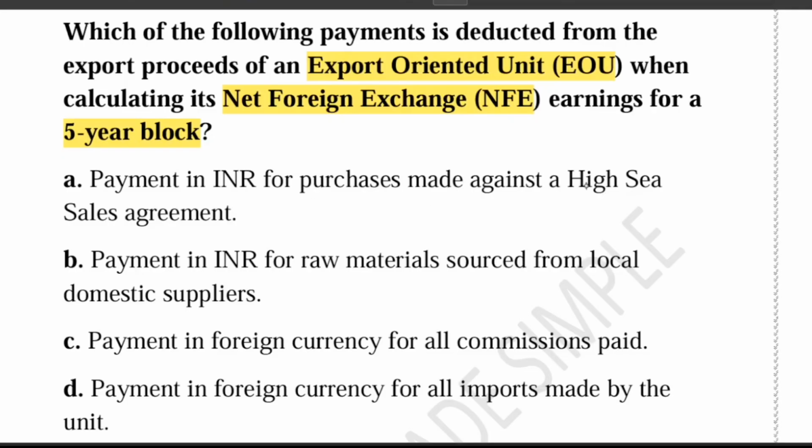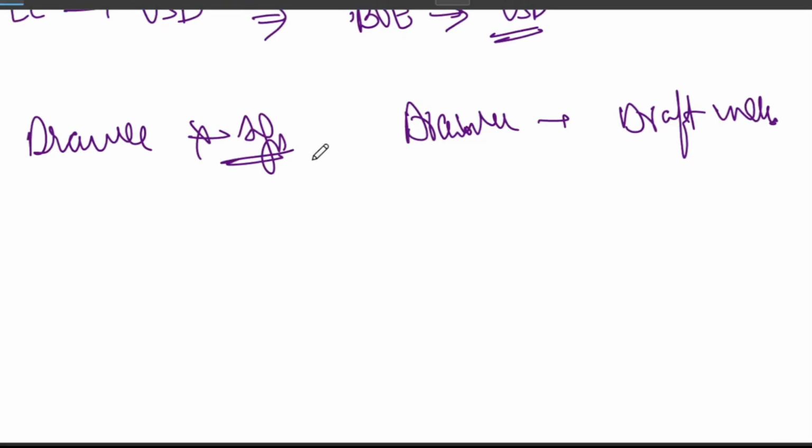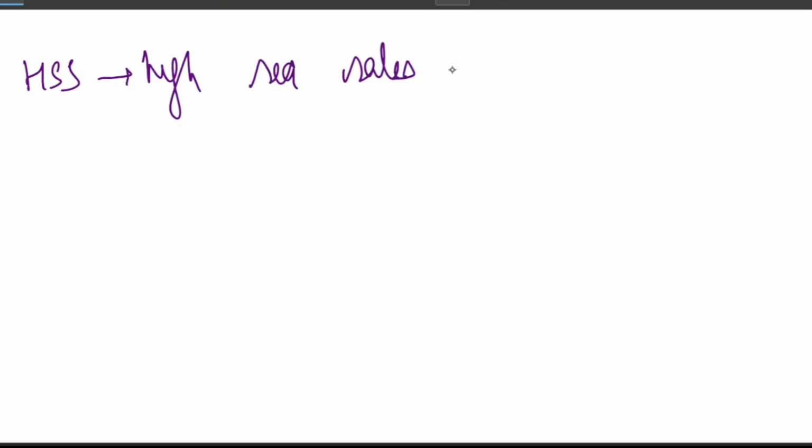Have you seen this word HSS? That's called high sea sale agreement. Let me clear up what this is all about.